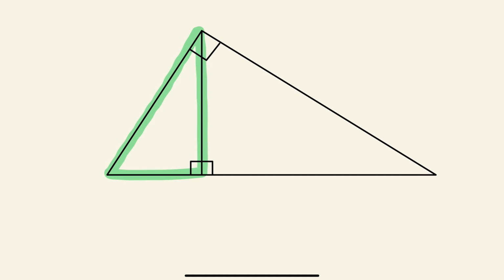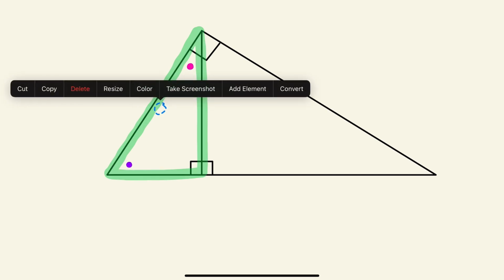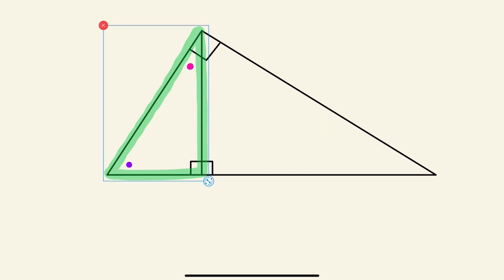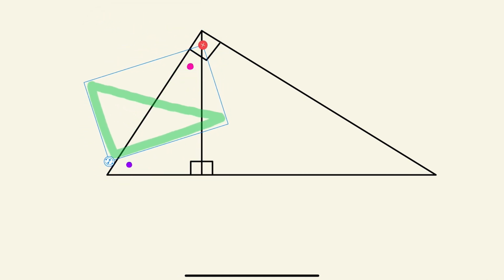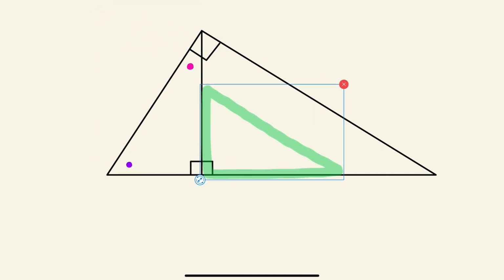So with this green triangle, I want you to imagine there's a pink dot here and a purple dot here. Now, if I was to take this green triangle and transform it, meaning rotate it along that right angle like this, imagine it dropped right down.